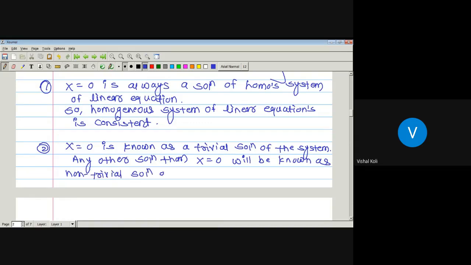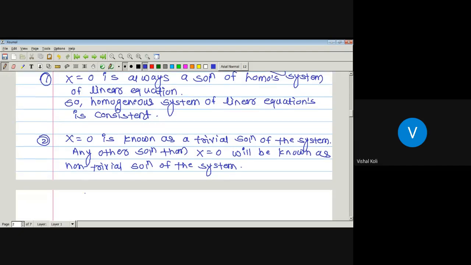So if x equal to 0, then it must be a trivial solution, and if there exist values of x1, x2 up to xn which satisfy the given system of linear equations simultaneously, then it is said to be a non-trivial solution of the given system.